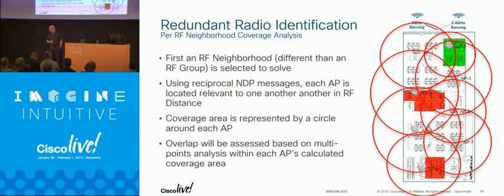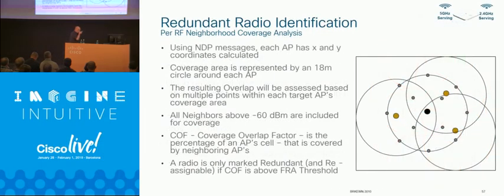So we do a pretty good job of matching it. Once we do that, we do a multi-point measurement of all the intersections. The only product of FRA is coverage overlap factor. And that coverage overlap factor tells you what percentage of the cell you're looking at is covered by other APs.